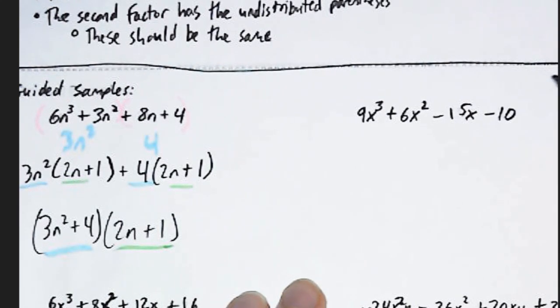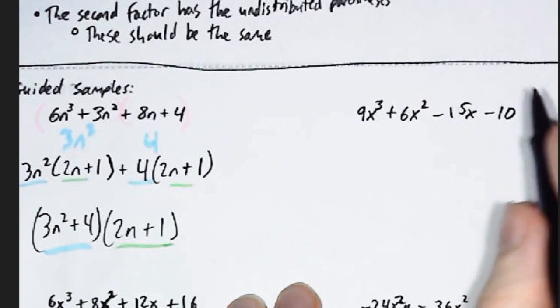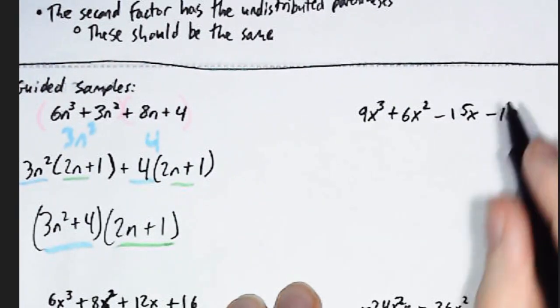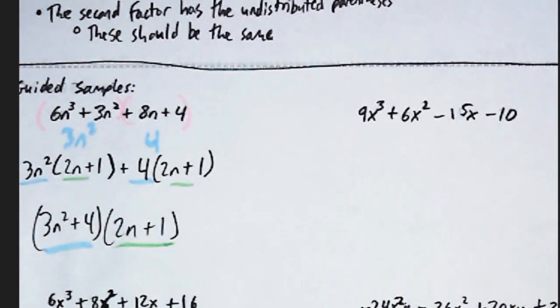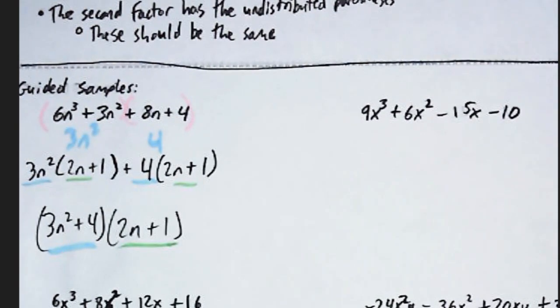So in this case, let's take a look. We've got 9, 6, 15, and 10. Because of this 10, and 3 can't go into 10, we can't just factor out a 3. We also can't factor out an x because this doesn't have an x on it. So there is no greatest common factor among all 4 terms. So now we're just going to do regular grouping.